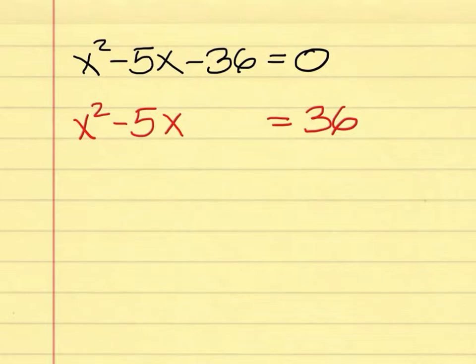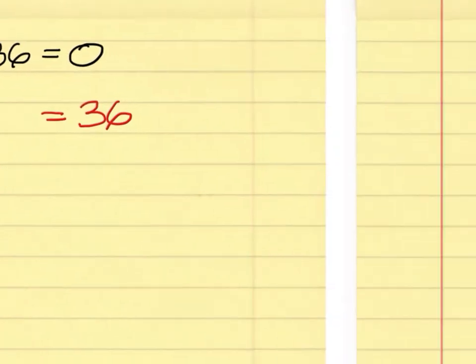Next, you need half of this negative 5. Half of negative 5 means you're dividing it by what number? 2. So half of negative 5 would give you negative 5 over 2. Negative 5 over 2 on the scratch piece of paper.